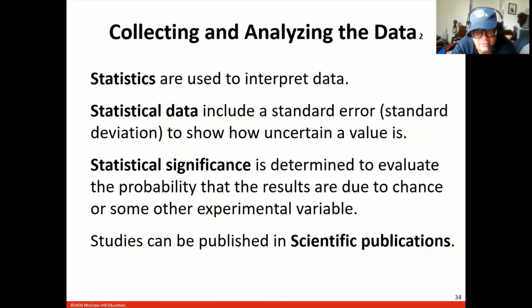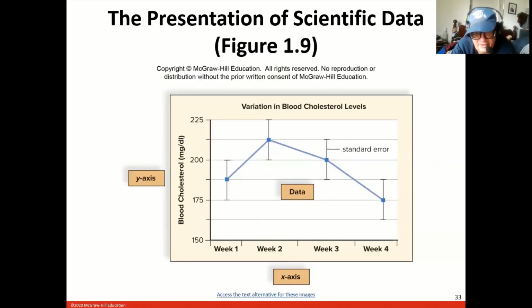Let's go. So statistics are how we interpret data. Statistical data includes standard error or standard deviation. That shows you how uncertain we are of the value. Let's go back to the previous slide. When you look right here at this data point, you might say, oh, that's what the cholesterol level was.